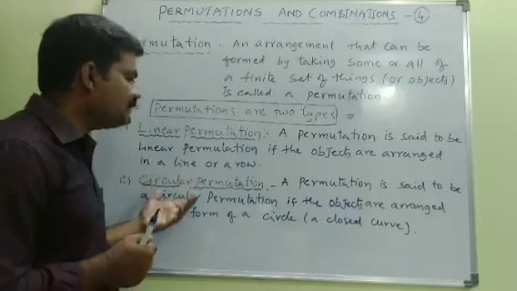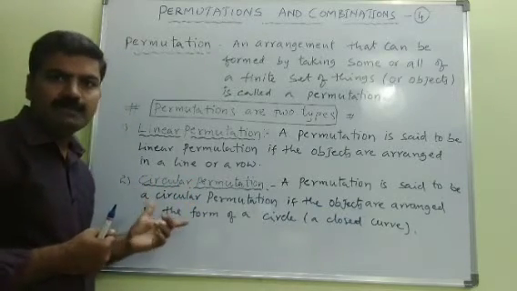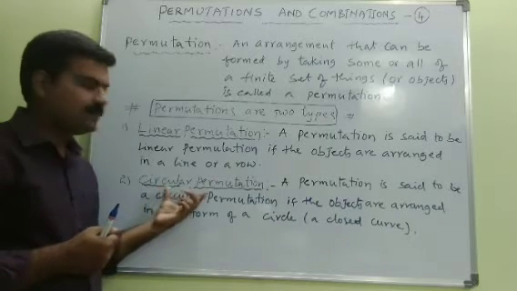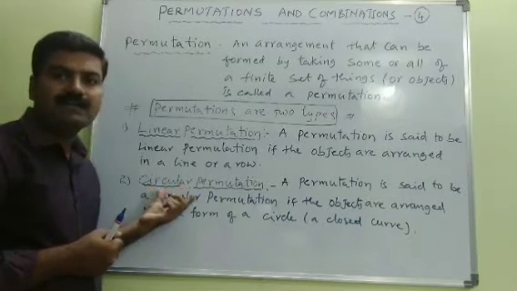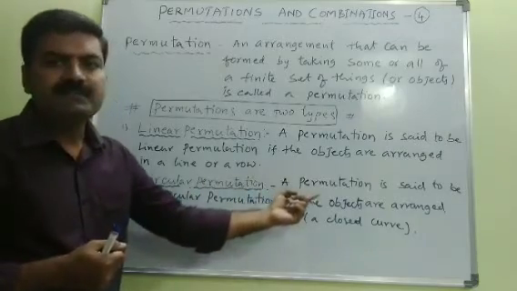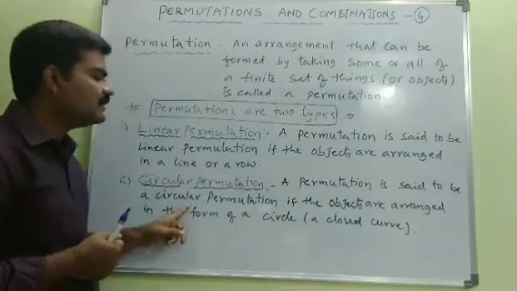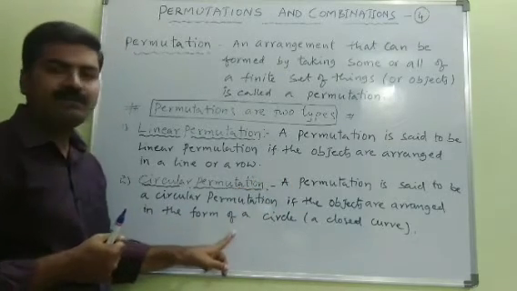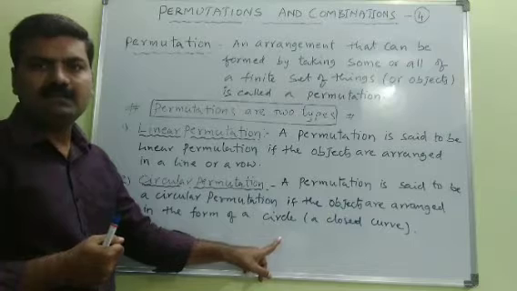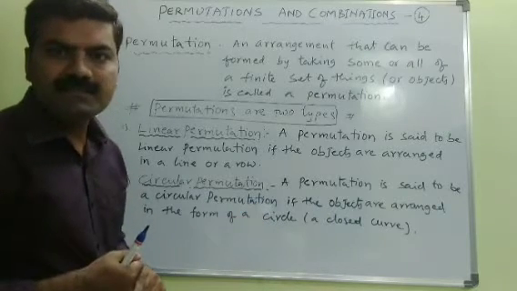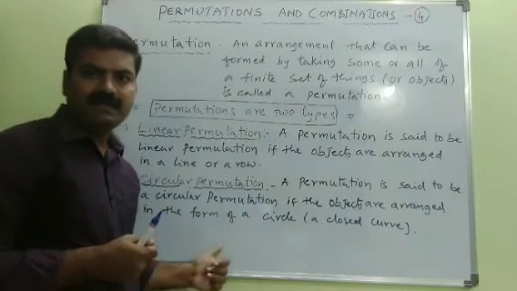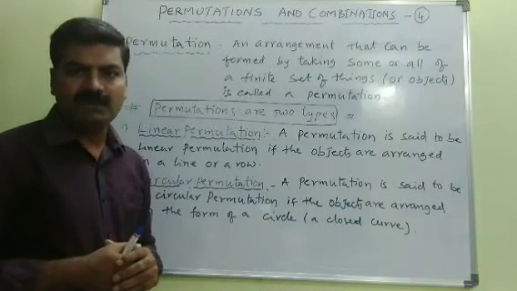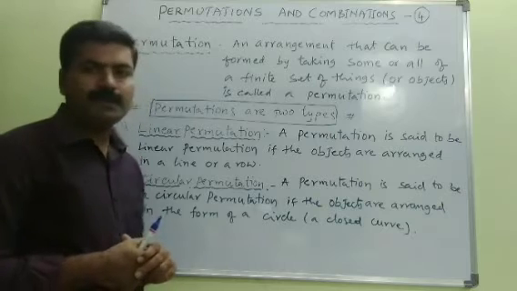Coming to type 2, circular permutation. The word itself says circular. A permutation is said to be a circular permutation if the objects are arranged in the form of a circle or a closed curve.